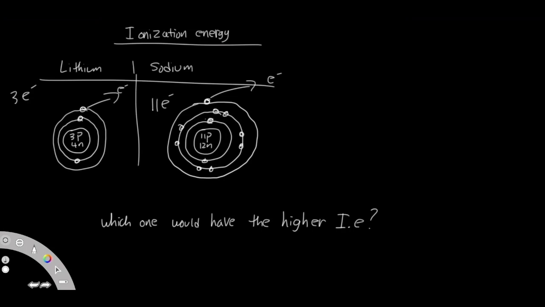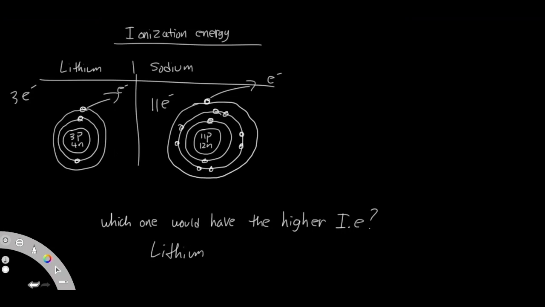It has an extra layer of shielding. So what we need to look at is that shielding effect is having greater precedence over the effective nuclear charge. So this one we would actually think would be more difficult. So our answer would be lithium.